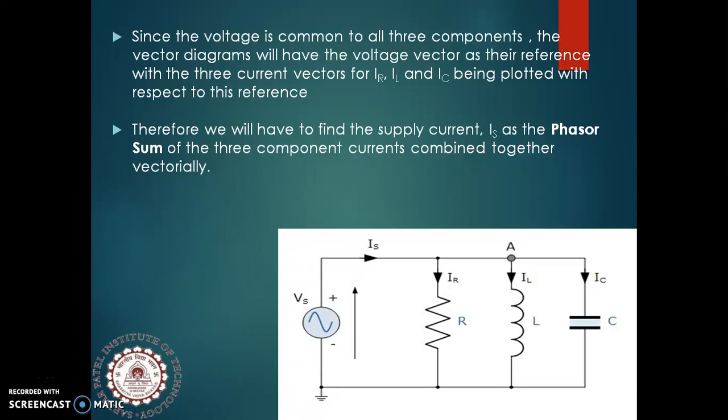If you remember, we had found Vs as the phasor sum of the three component vectors in the RLC series circuit. Here we'll be finding Is, that is the supply current, as the phasor sum of the three component currents combined together.